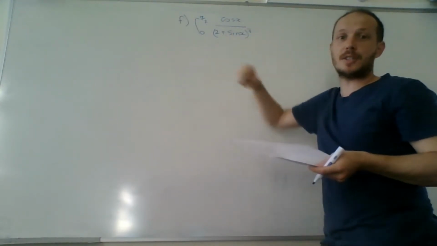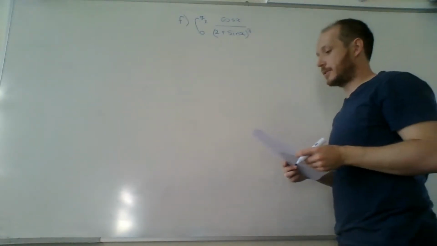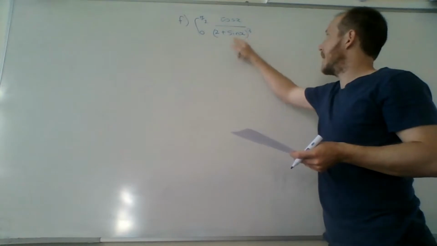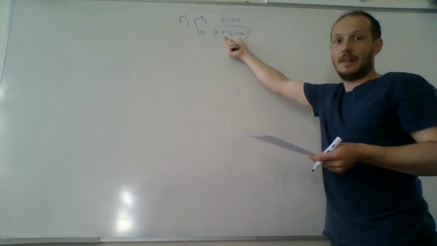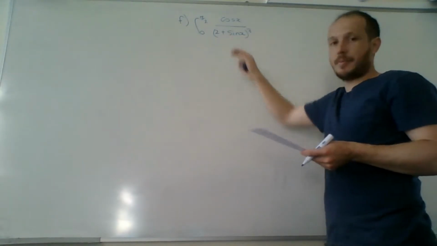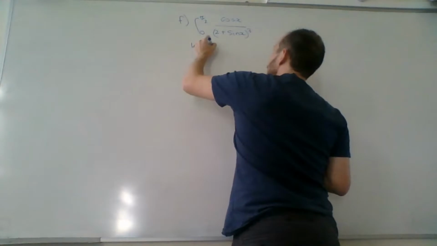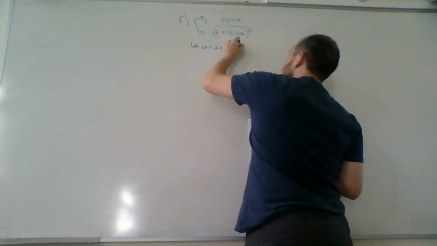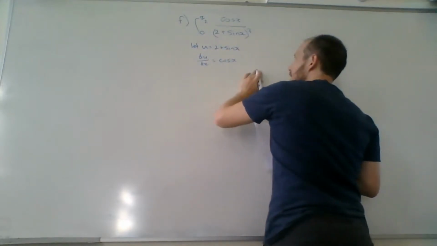So we can't do the simple integration, we can't do any of the other methods, so we're going to have to use substitution. Now remember, we pick the one that has the higher power, so this is cubed, so we're going to pick what's in the brackets here, not including the cube, just what's in the brackets. So we'll say let u equal 2 plus sine x, and therefore du dx equals cosine x.